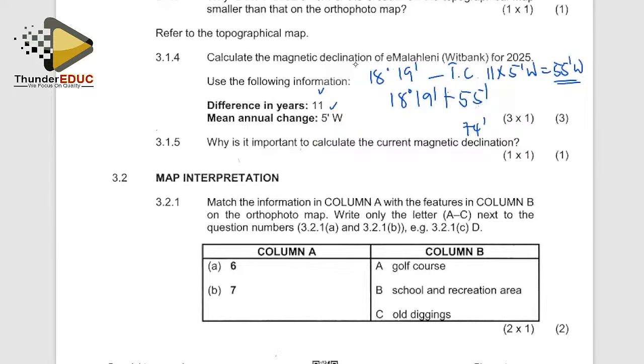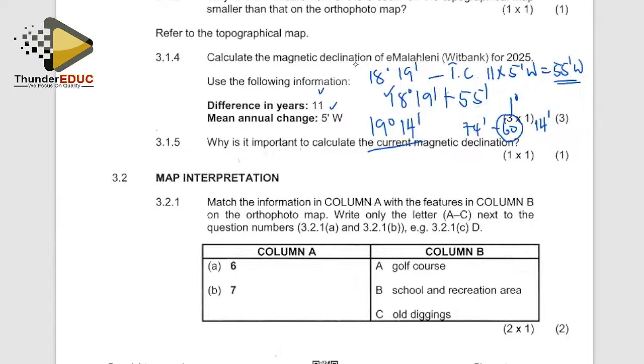And we understand that from 74 minutes, there is already 1 degree there. We less 60 to remain with 14 minutes. So this 60 here is equal to 1 degree. We add it to the side of degrees. So 18 plus 1 gives us 19 degrees, and the remainder remains 14 minutes. This is our current angle for 2025, 19 degrees, 14 minutes.